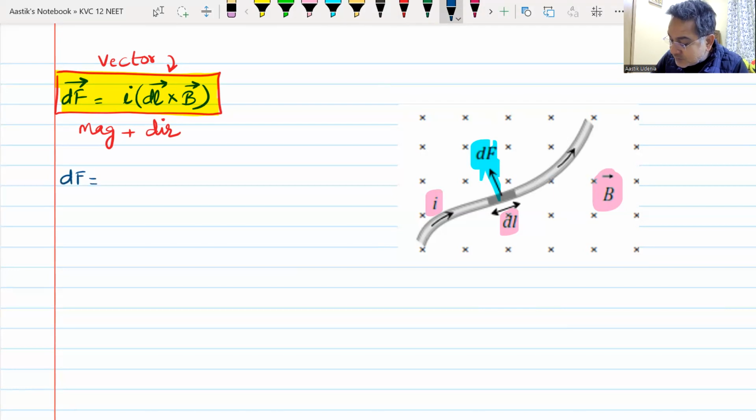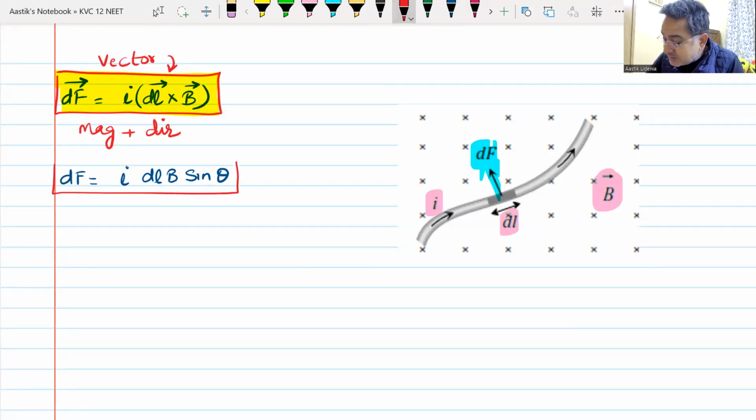To write the scalar equation, I will write it like this: I dl B sine theta. Can anyone tell me what this theta is?